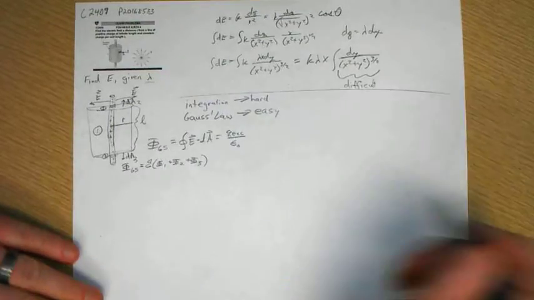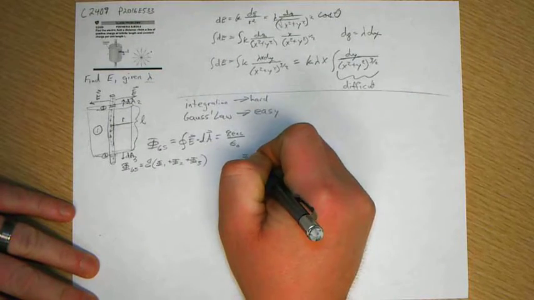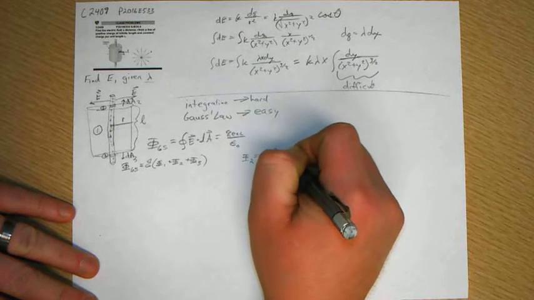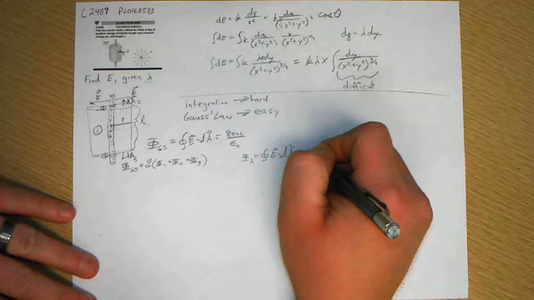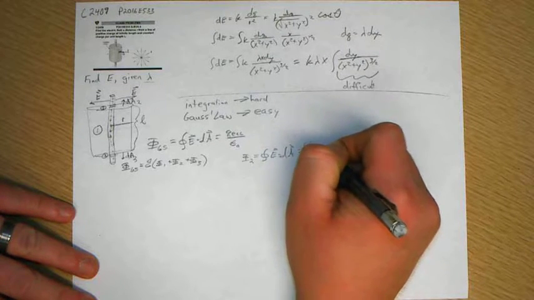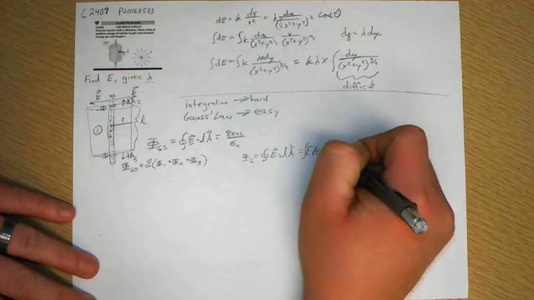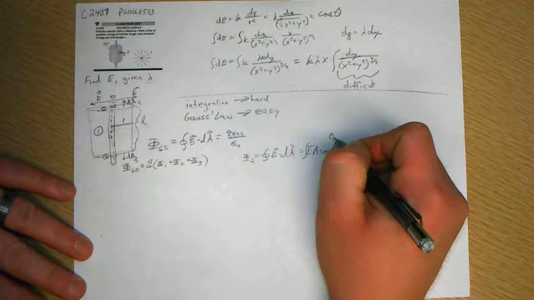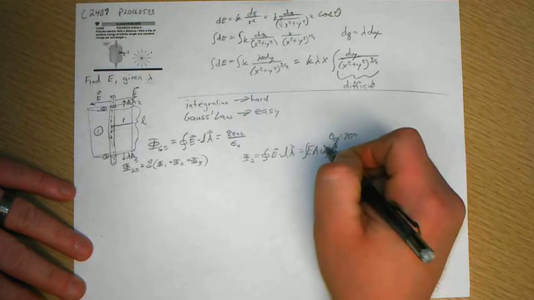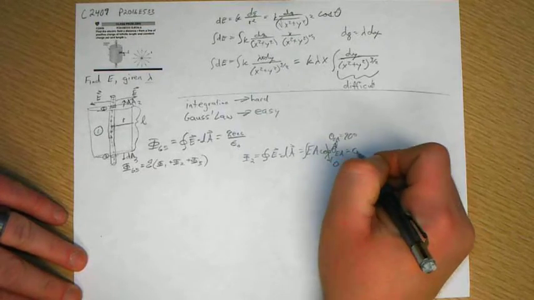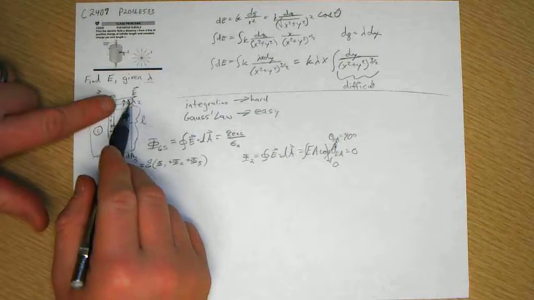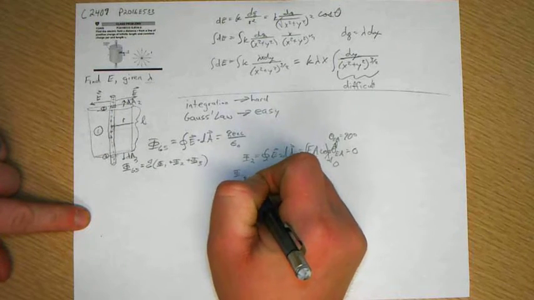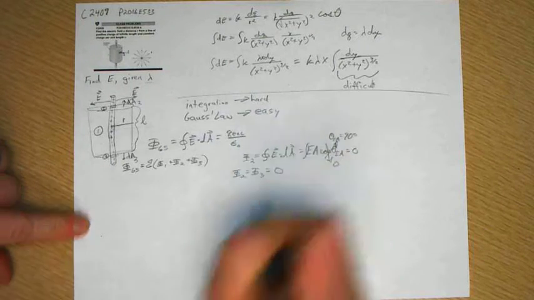So what that's going to mean is if we look at the flux through surface 2 of E dot dA, well, this equals the integral of EA cosine theta EA, the angle between E and A. Well, this is always 90 degrees. Theta EA equals 90 degrees, so this term equals 0, so the total flux equals 0. It's the same thing for surface 3. Surface 2 and surface 3 have the same flux, and they equal 0.